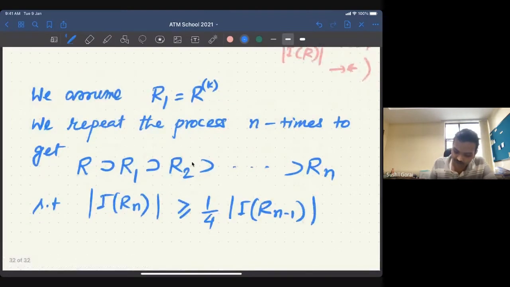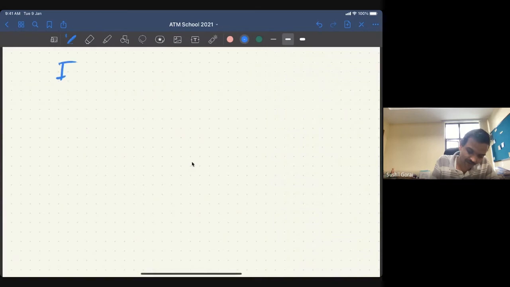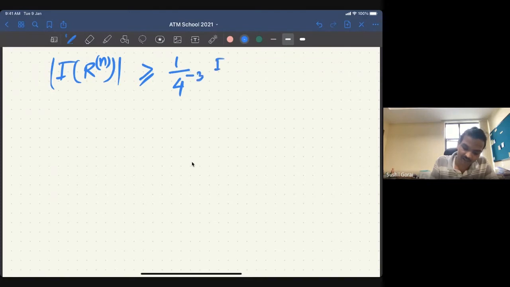Which means it will have 1/4 squared I_R(n-2). And so this gives you I_Rn greater than or equal to 1 over 4 to the power 3 times I_R(n-3), and so on, like this. So this is actually greater than or equal to 1 over 4 to the power 3.